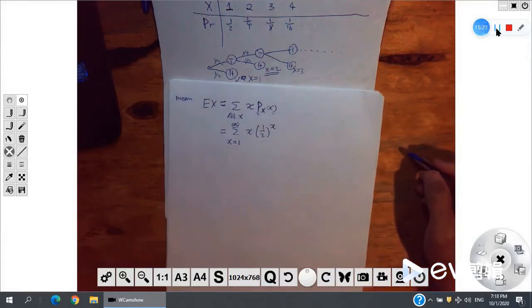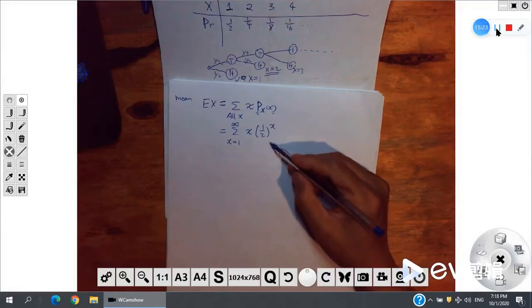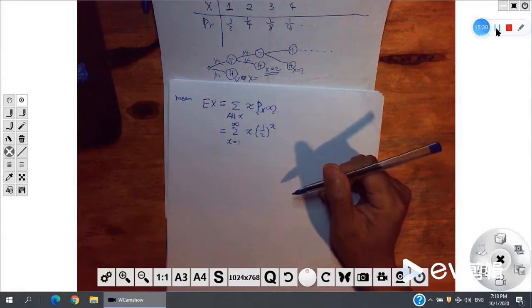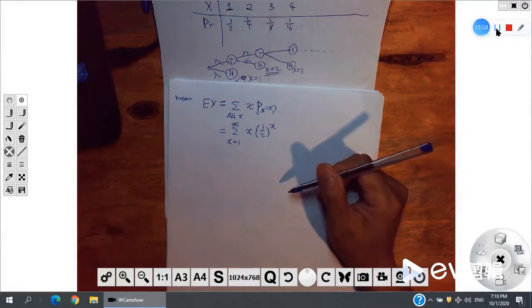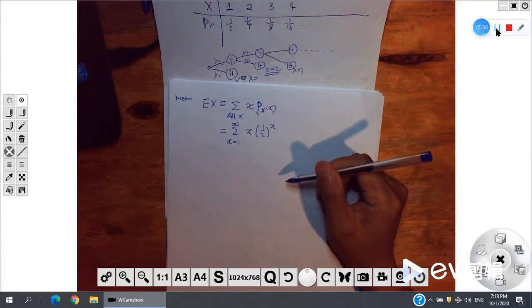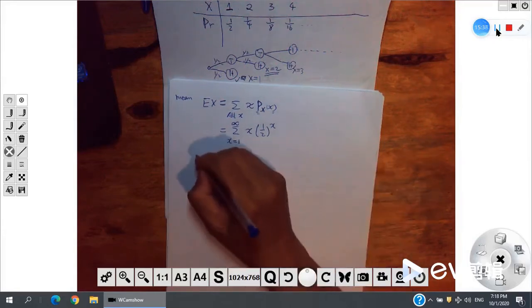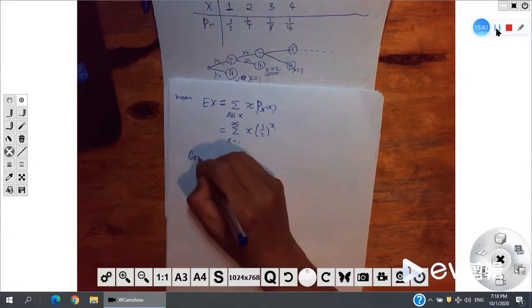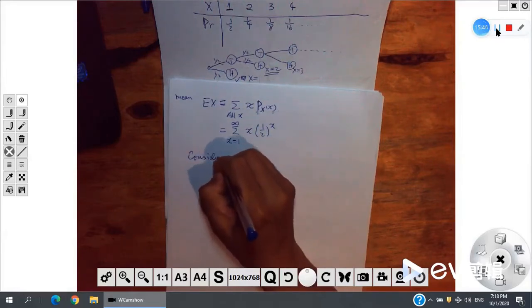Alright. What is this? We need some calculation. We can consider this one as, I denote, consider, yeah, this is some calculus method.